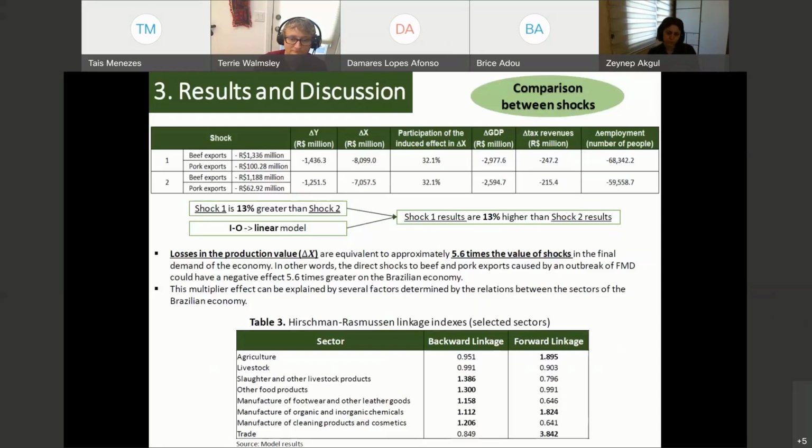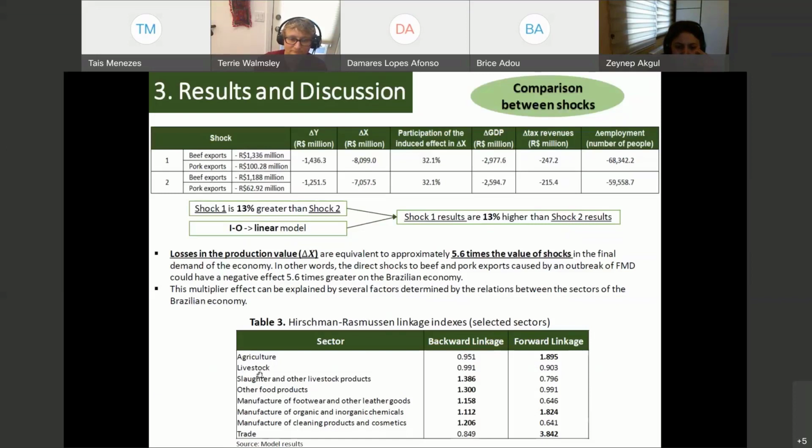given by the high Hirschman-Rasmussen connection rates of the sectors most significantly affected by shocks in final demand. This is because the linkages between sectors promote impeller effects on the economy. Some sectors, due to their connectedness with others, are able to drive growth or crisis in other sectors.